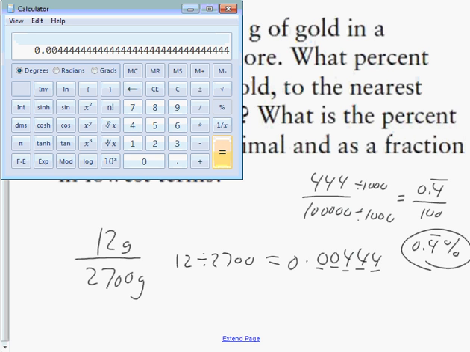Okay, still less than 0.5%. Right, so less than 1%, and actually less than 0.5% of that ore is made up of gold.